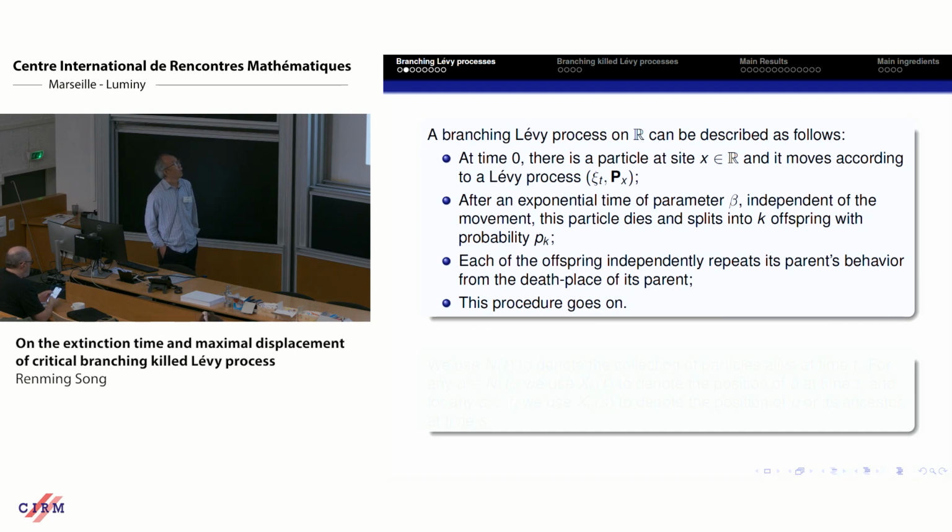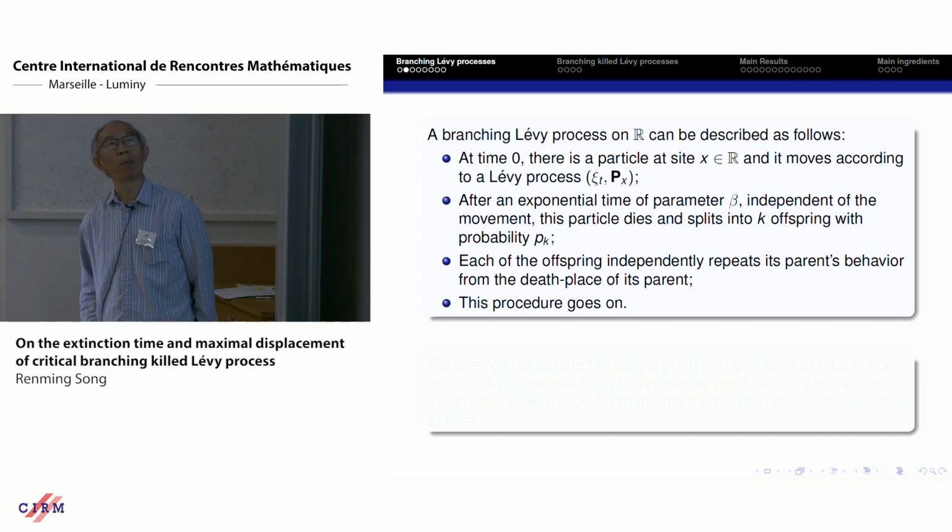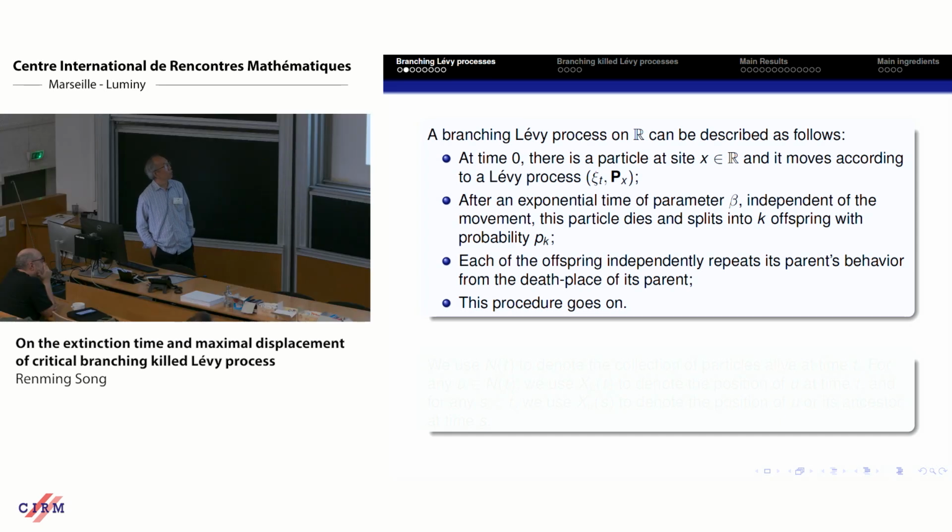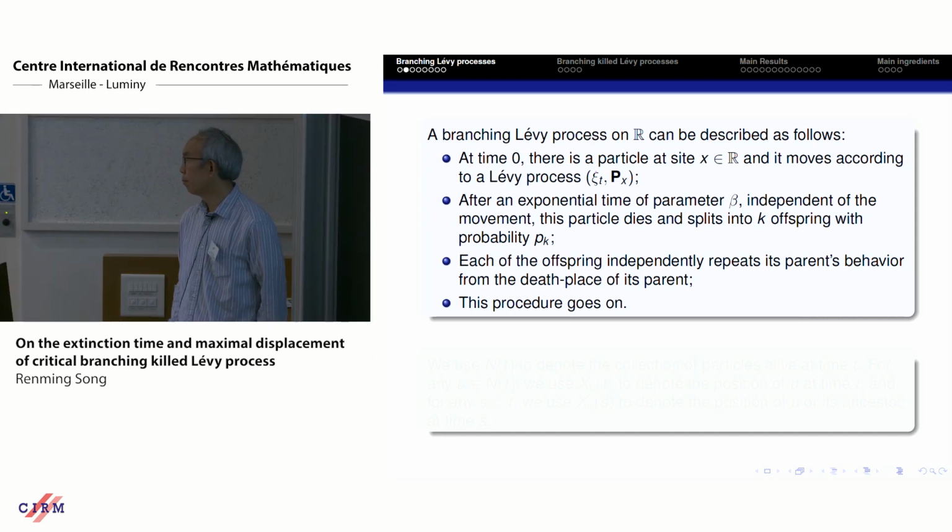After an exponential time of parameter beta, independent of the spatial motion, this particle dies and splits into k offspring with probability pk. So there's an offspring distribution, and then each of the offspring independently repeats its parent's behavior from the death place of the parent. And this procedure goes on.